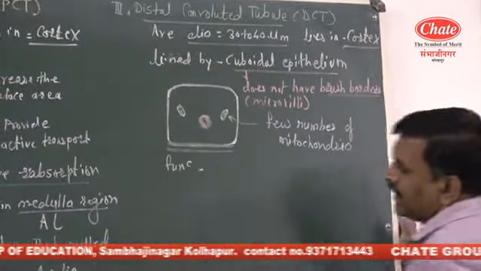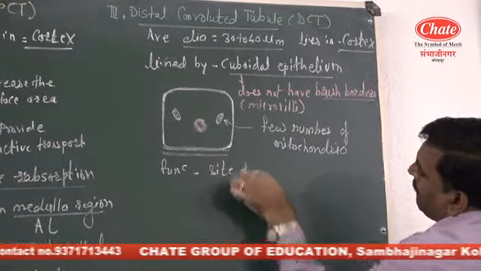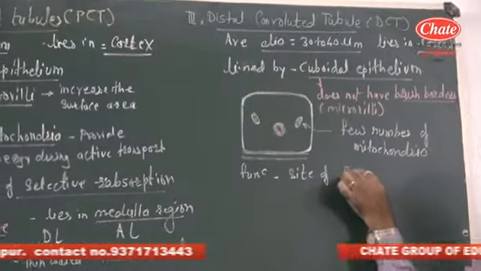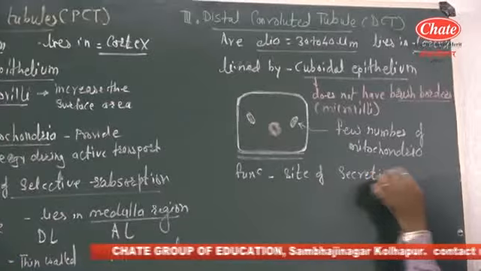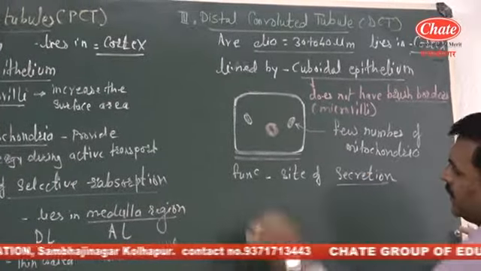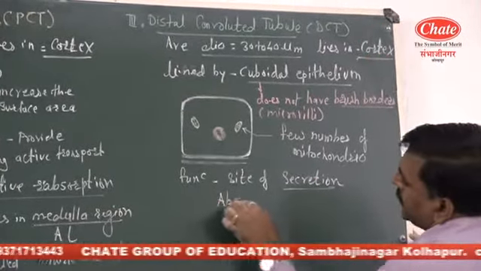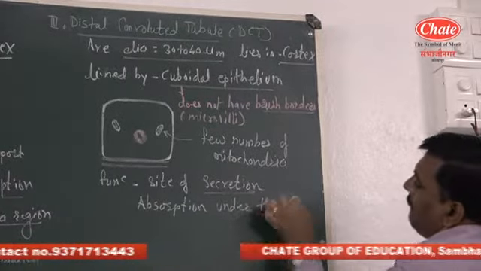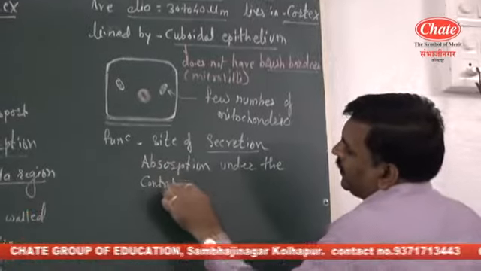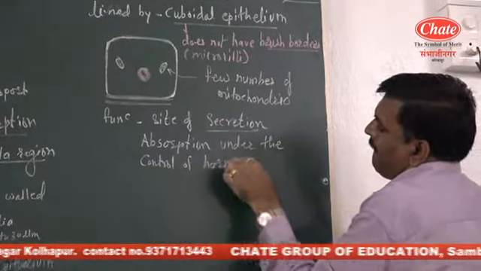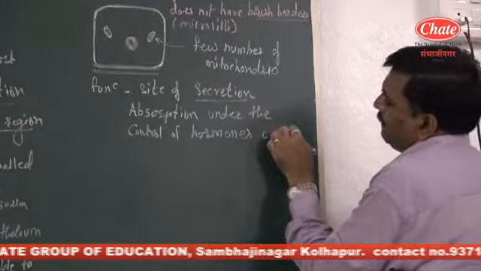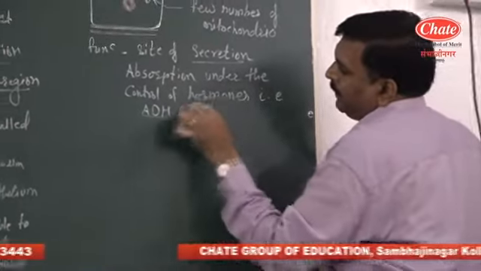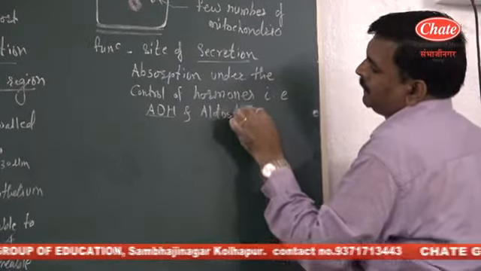in the function, that is, site of selective secretion, and second, site of absorption under the control of hormones, that is ADH and aldosterone.